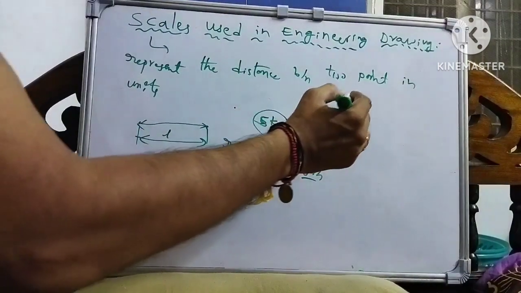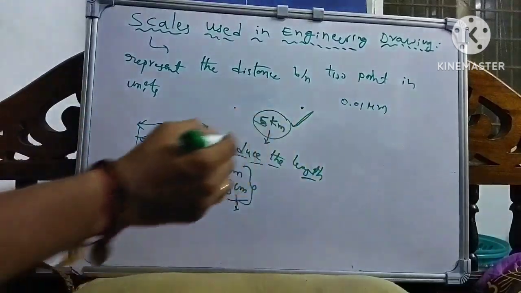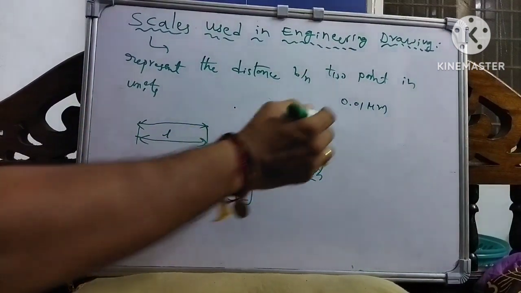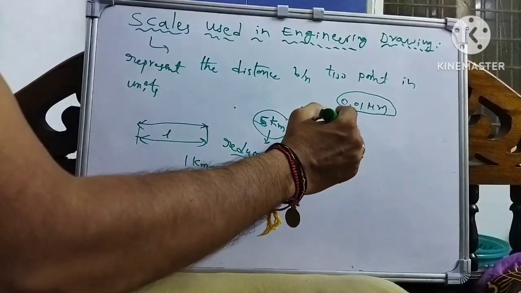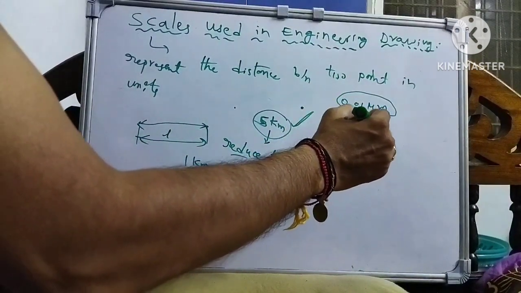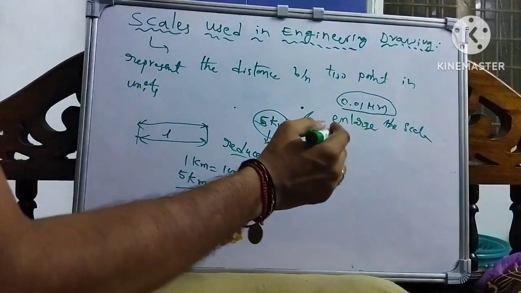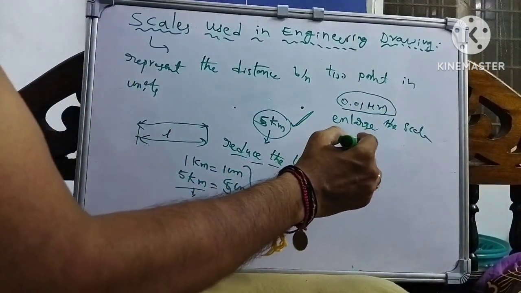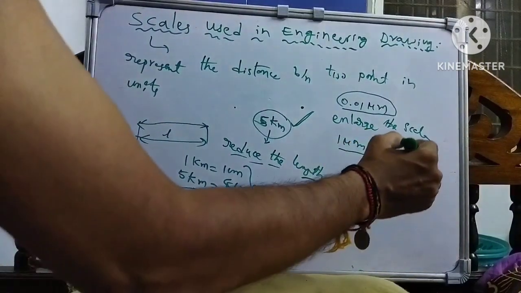For example, if there is 0.01 micrometer, is it possible to represent it on the drawing sheet? No, it is a very minor value. So in such a case, we have to enlarge the scale. Enlarge means 1 micrometer is equal to 1 centimeter, like that we take the enlarged scale.